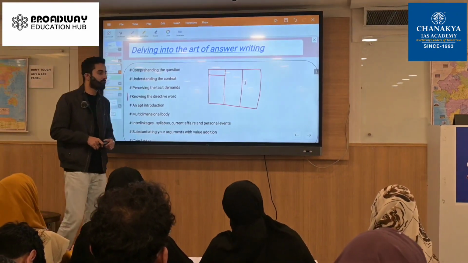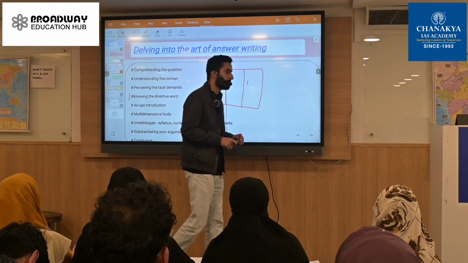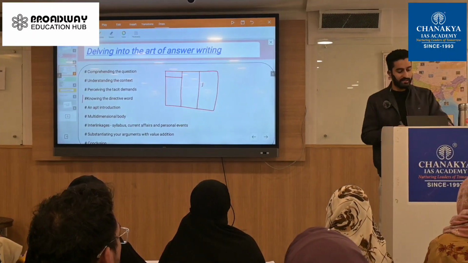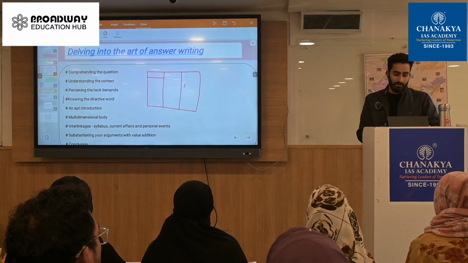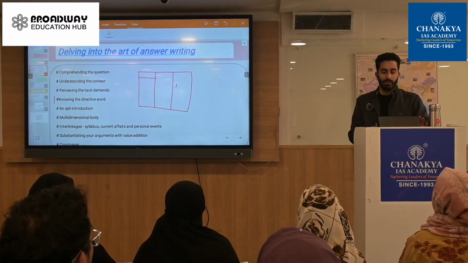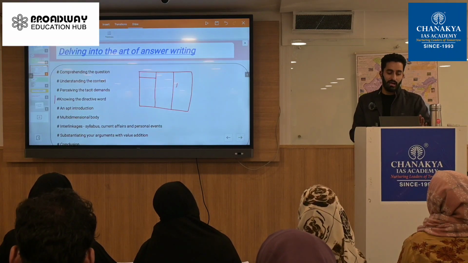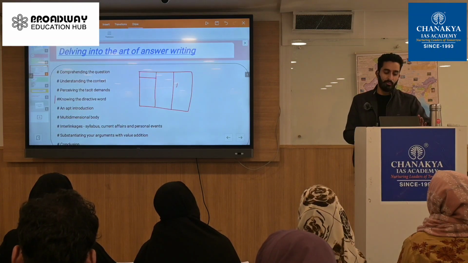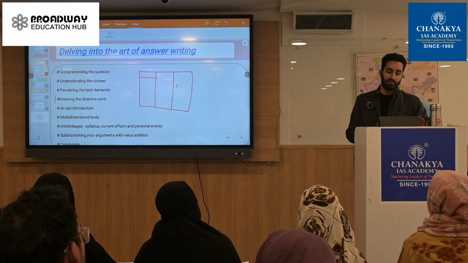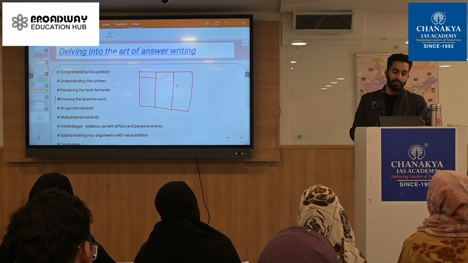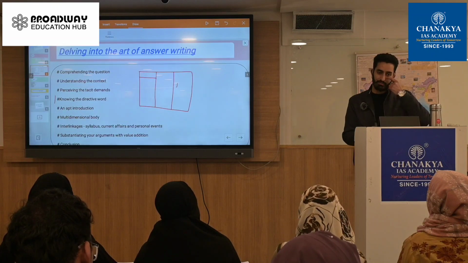For example, there was a question in GS Paper 1 this year. GS Paper 1 UPSC 2023, question number 18, says: does urbanization lead to more segregation and/or marginalization of the poor in Indian metropolises?